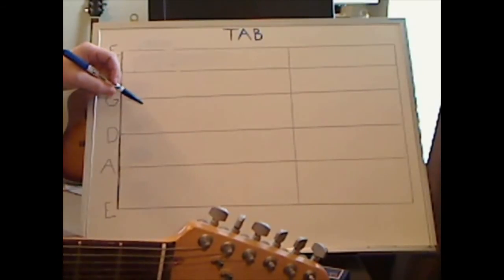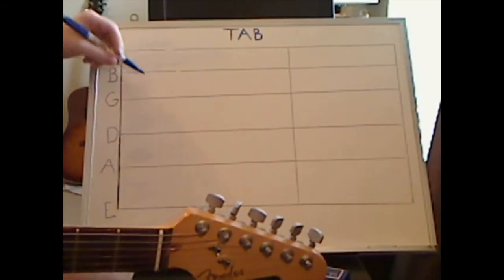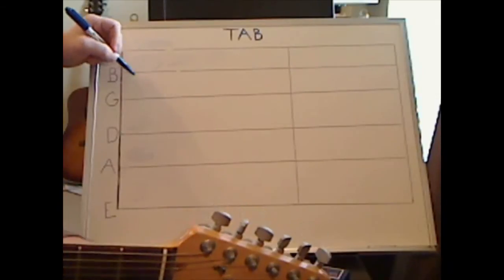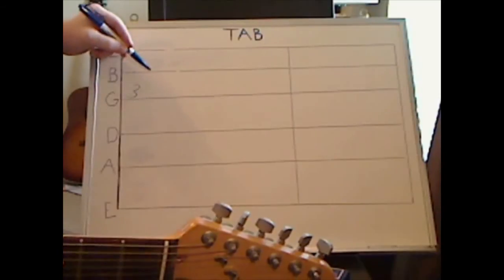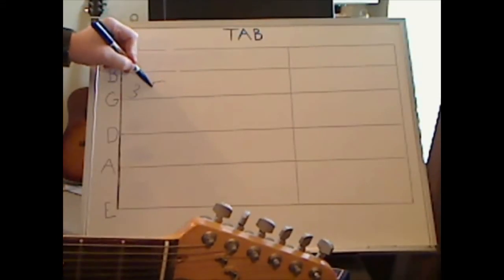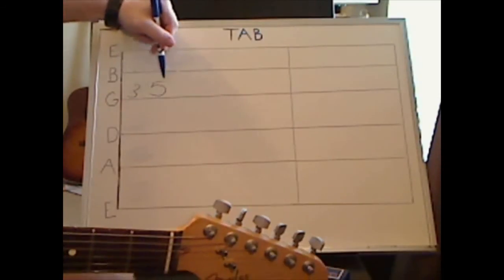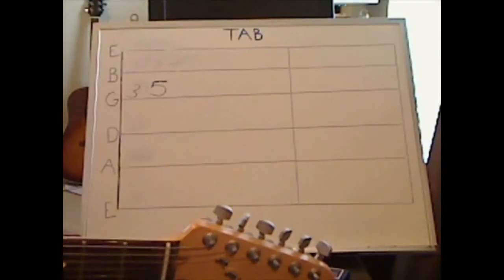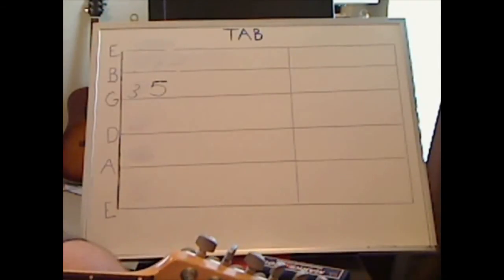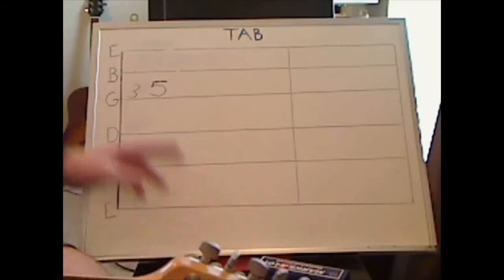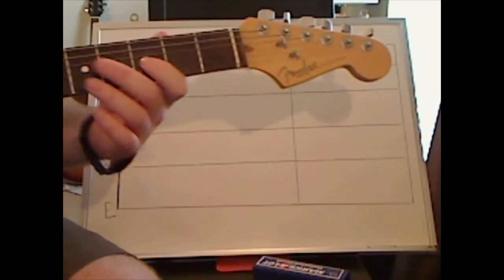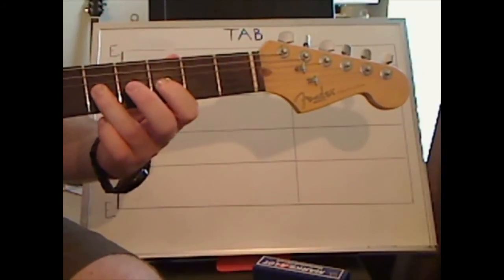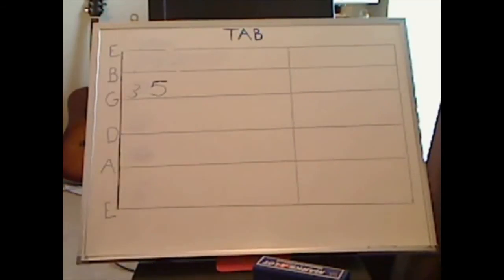Let's say I want to go on the G string from the 3rd fret to 5th fret. Sorry for the bad handwriting. There we go. Okay? Well, if I just want to play those notes, then I could just put that. I just pluck both of them, and that's what I do. I would just play 3 to 5. Okay? And I pluck both of those notes.